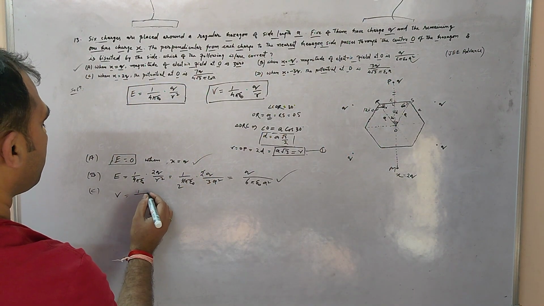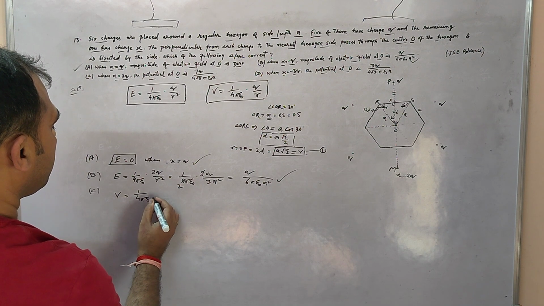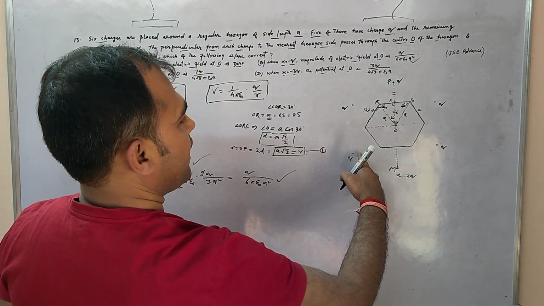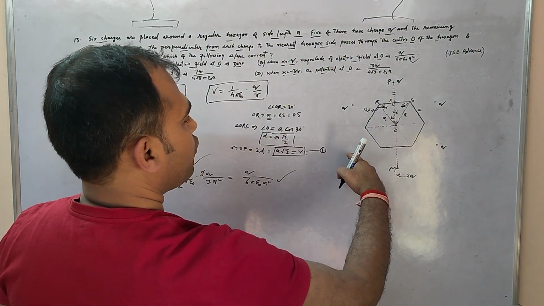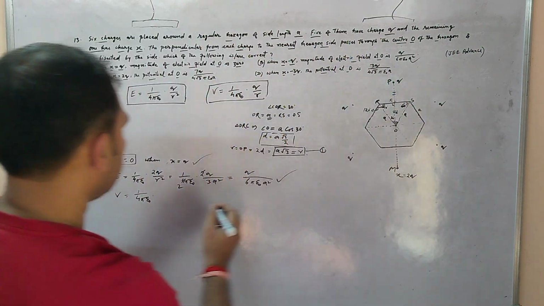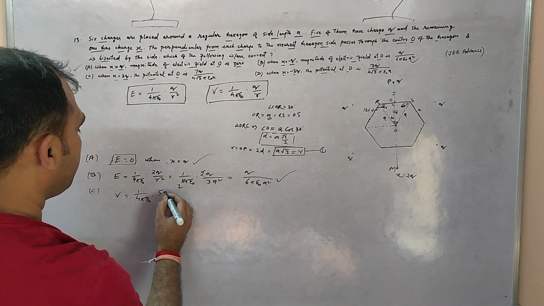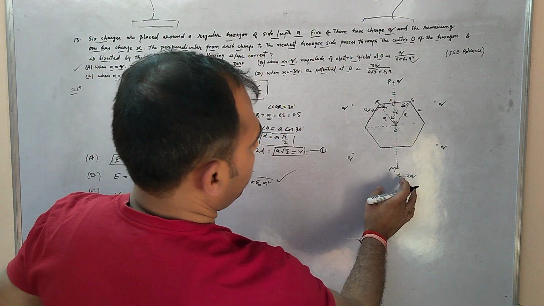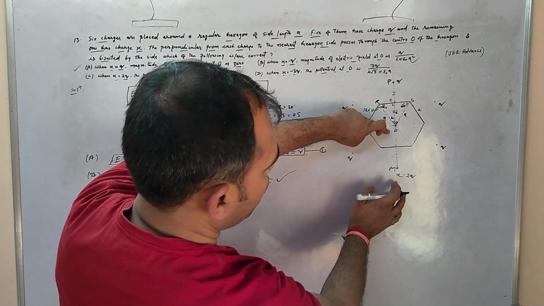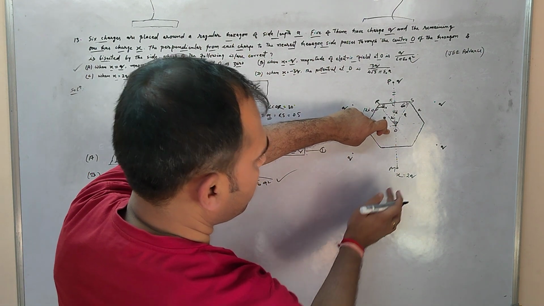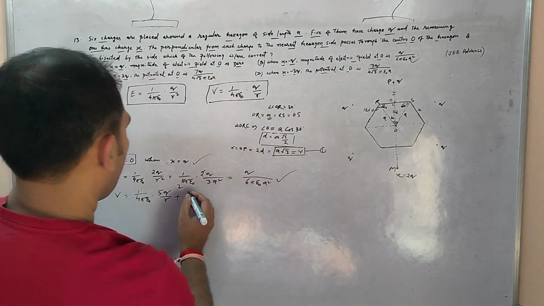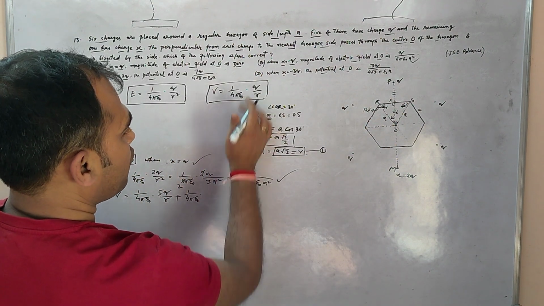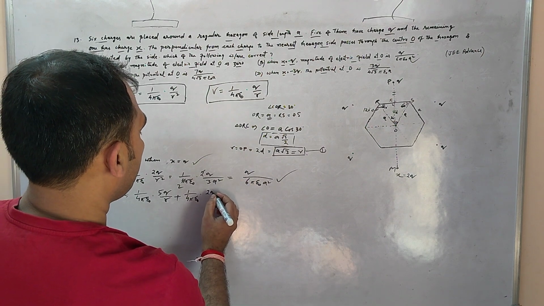This will become 1/4 pi epsilon naught into 5 times, the same at this point due to these 5 charges. So this will become 5 times q by r plus what will be the potential at O due to this point charge at M. This will be 1/4 pi epsilon naught again, and q, the value of q is given 2q.